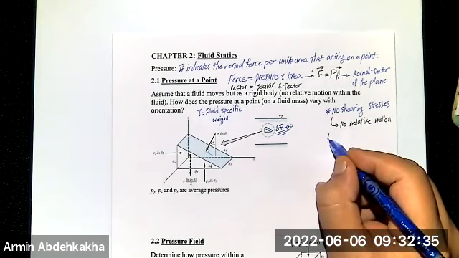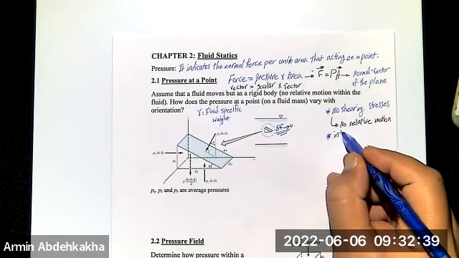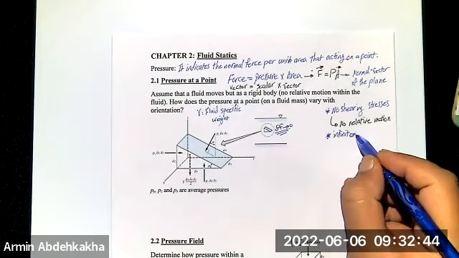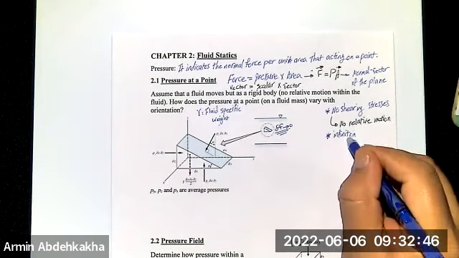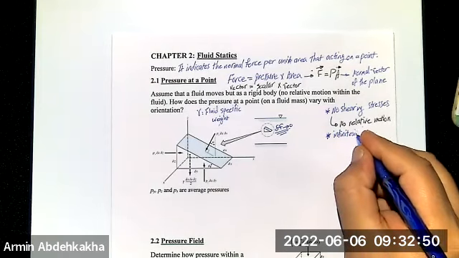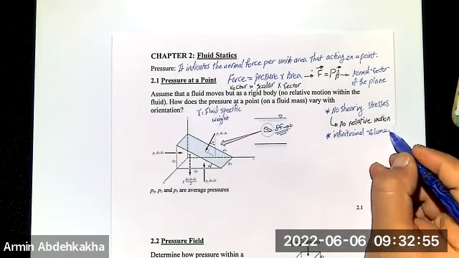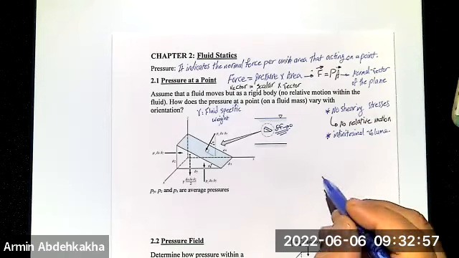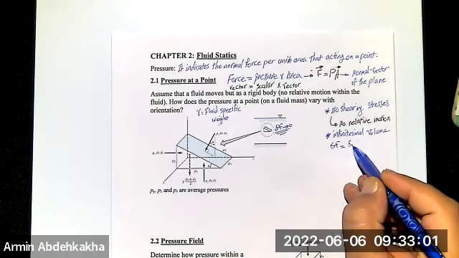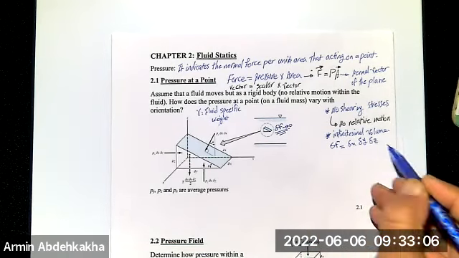What is the second assumption? It's the infinitesimal volume. What's the volume? Volume is delta x, delta y, delta z.